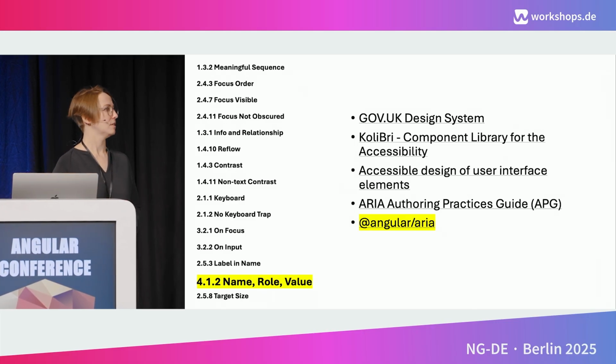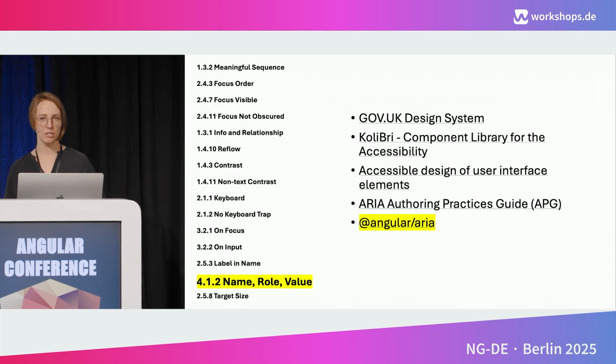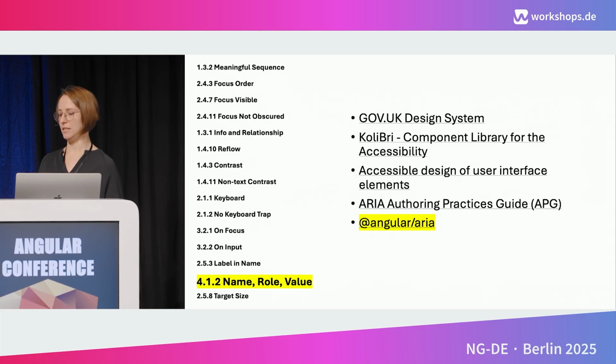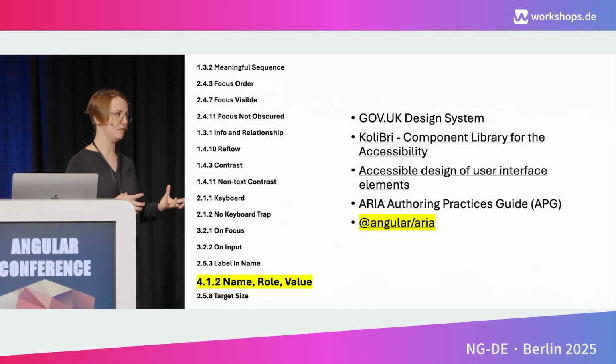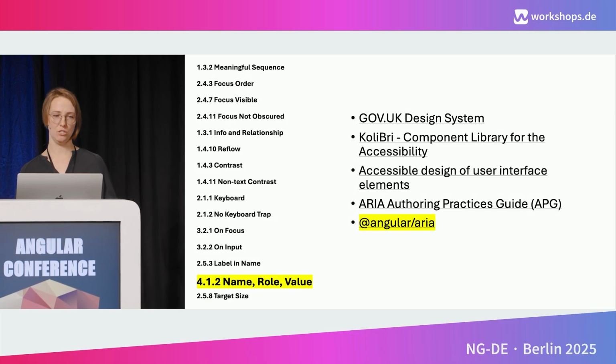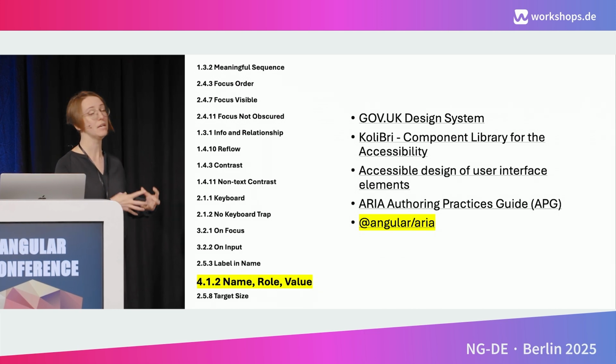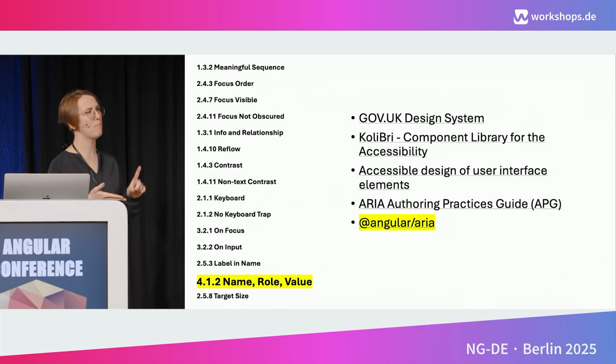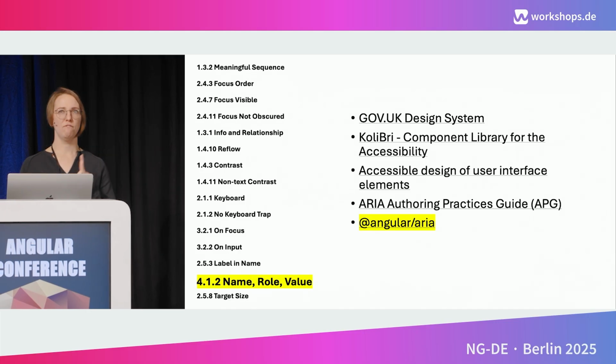It gives you some utilities and directives that you can apply on your components and style on your own. So you don't have to use Angular Material if you have your own styling, which is hard to combine with Angular Material. You can go with Angular ARIA. And now we have tree, we have combobox, we have tabs, we have listbox, etc. So there are some use cases which you can already implement with that.